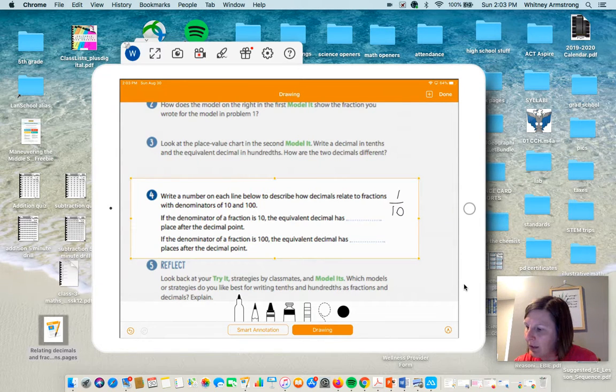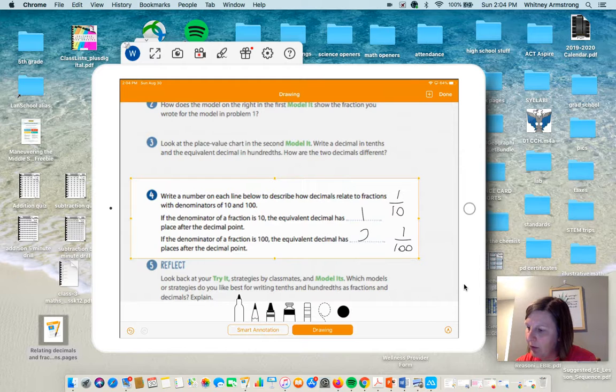It only has one place after the decimal point. Tenths place only has one place after the decimal point. If the denominator of a fraction is 100, so let's say you have 1 over 100, the equivalent decimal has blank places after the decimal point.